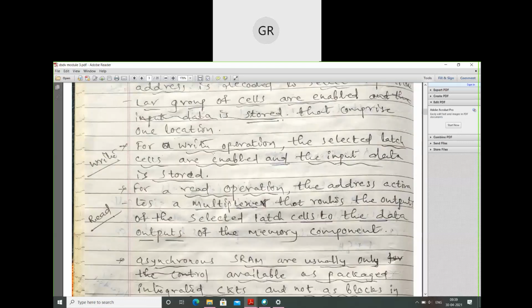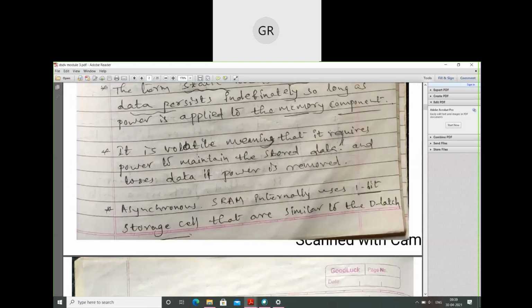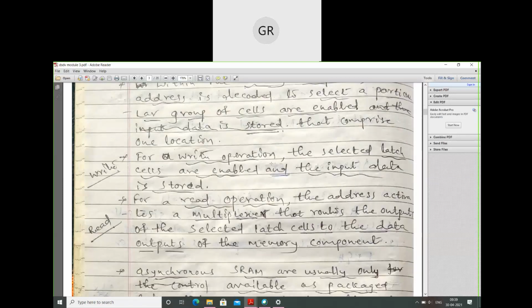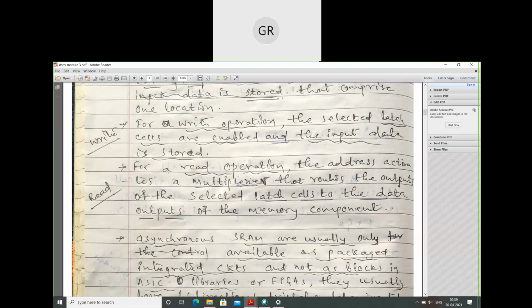For a read operation, the address activates a multiplexer that routes the outputs of the selected latch cells to the data outputs of the memory component.